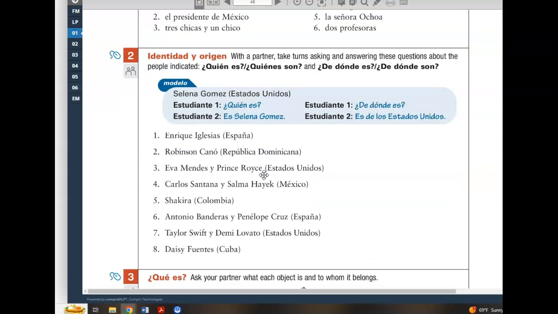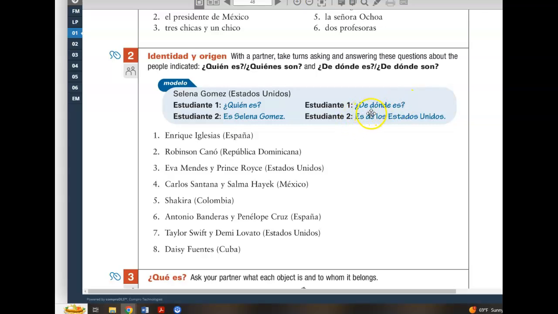For activity 2, you're going to do 2 things. Use the questions ¿Quién es? and ¿De dónde es? to ask questions about who these people are and where they're from. For example, ¿Quién es? Es Selena Gomez. ¿De dónde es?